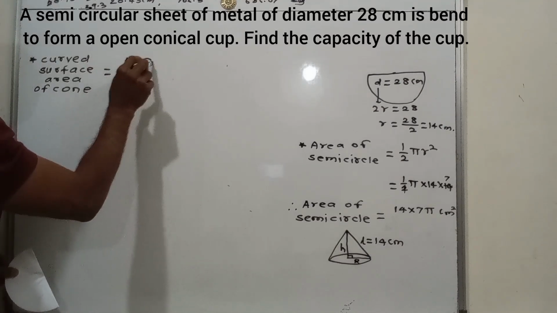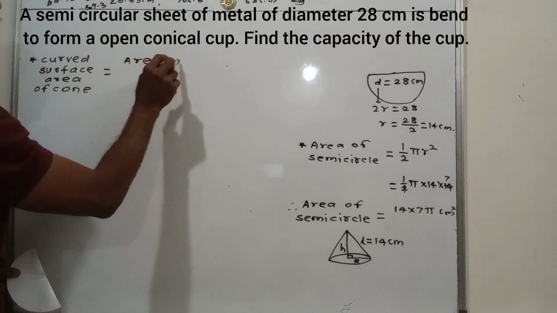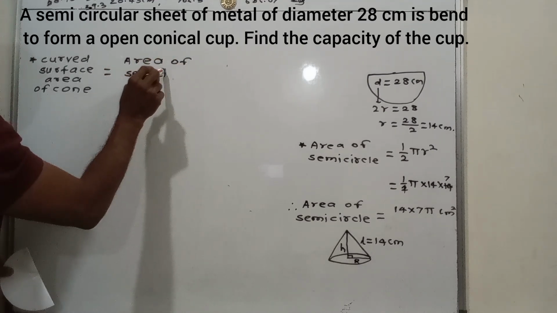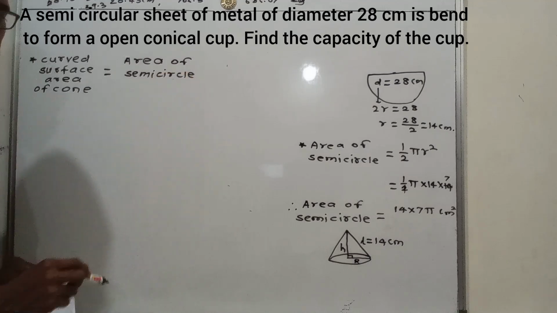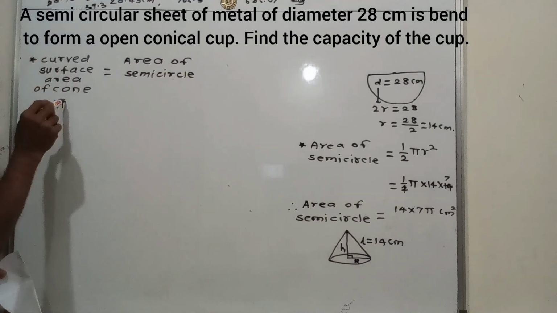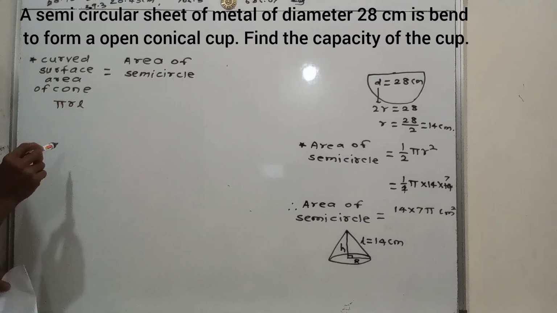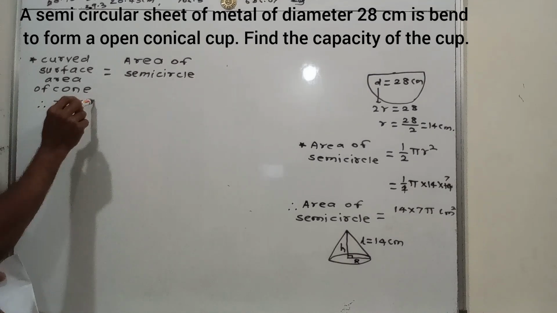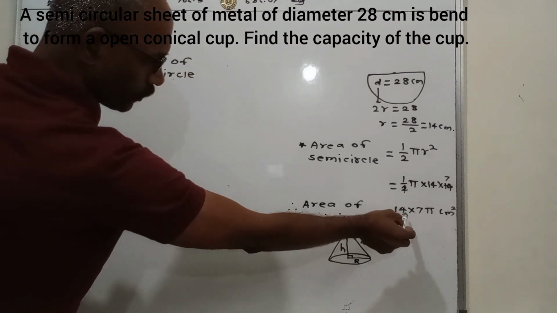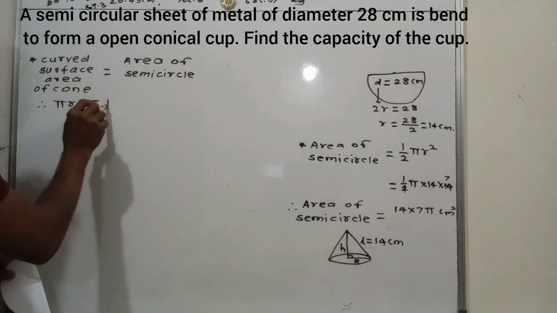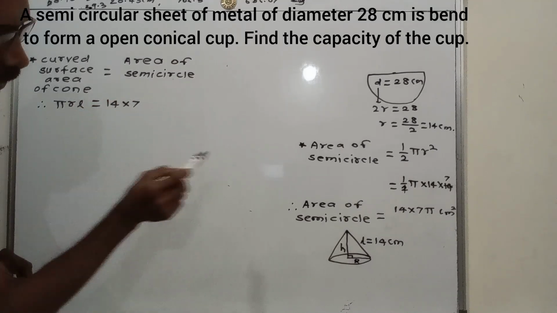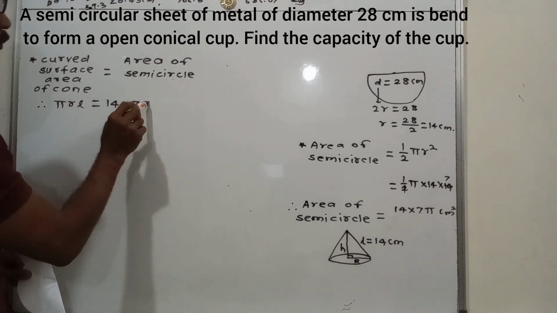Curved surface area of cone is pi R L, equal to the area of the semicircle, which is 14 into 7 into pi.